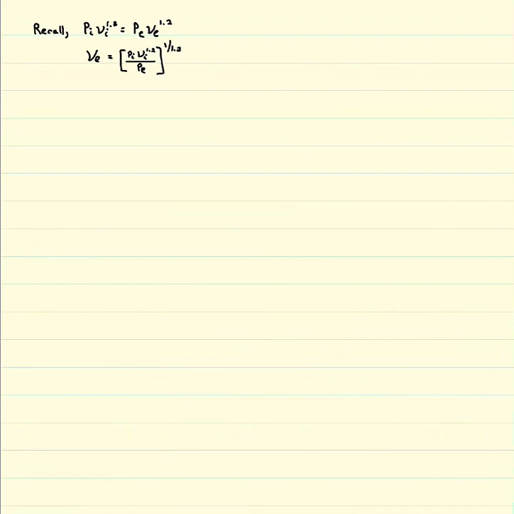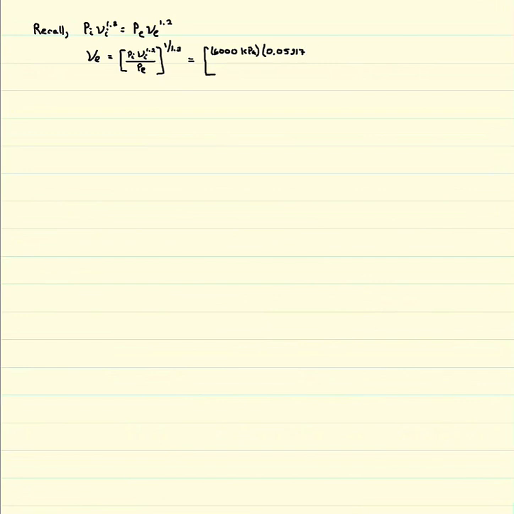Okay, so we now have this expression, and we can start to plug numbers into the equation. Our inlet pressure is, of course, 6,000 kPa. And our inlet specific volume is 0.05217, and of course, this gets raised to 1.2. Now let me put the units in there as well.